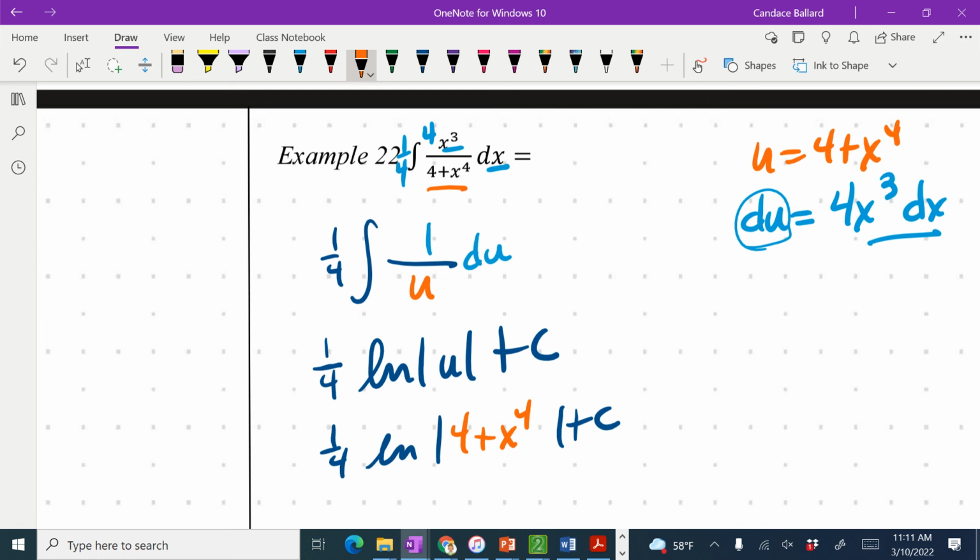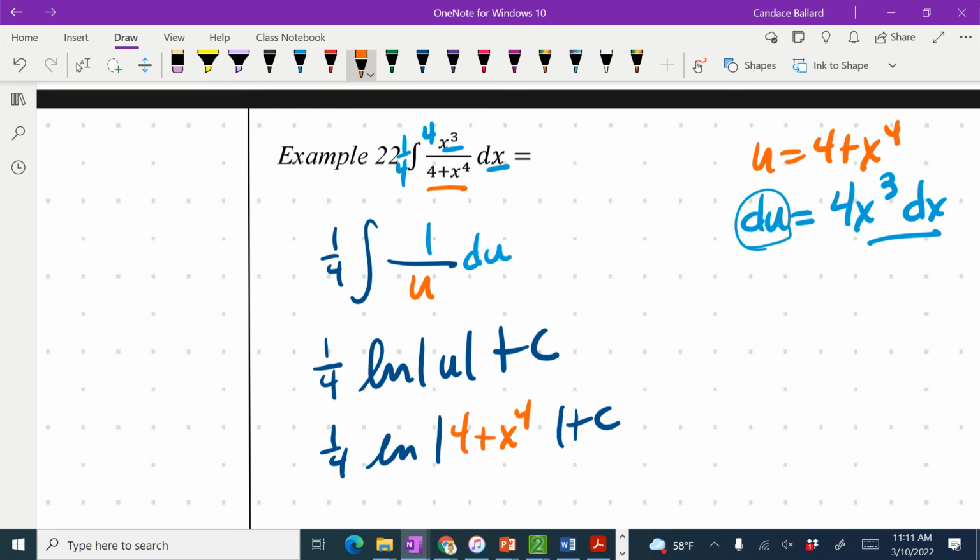Okay, so here is what we're going to do. I'm looking at what's left here. Use your calculator, find the definite.